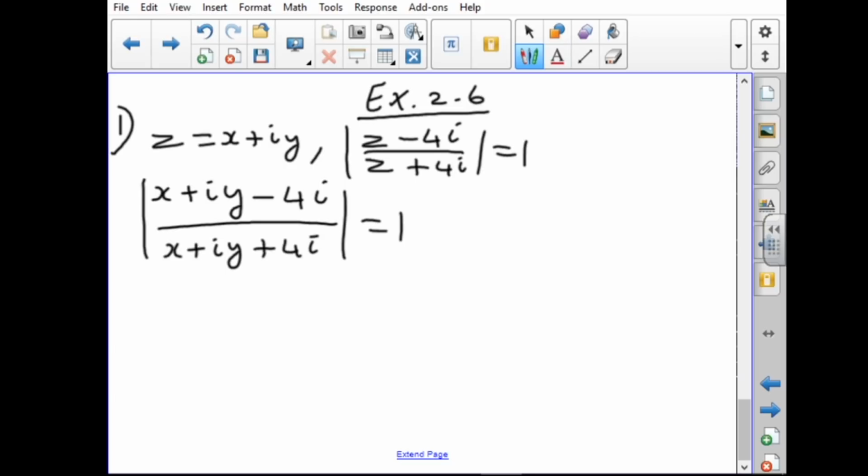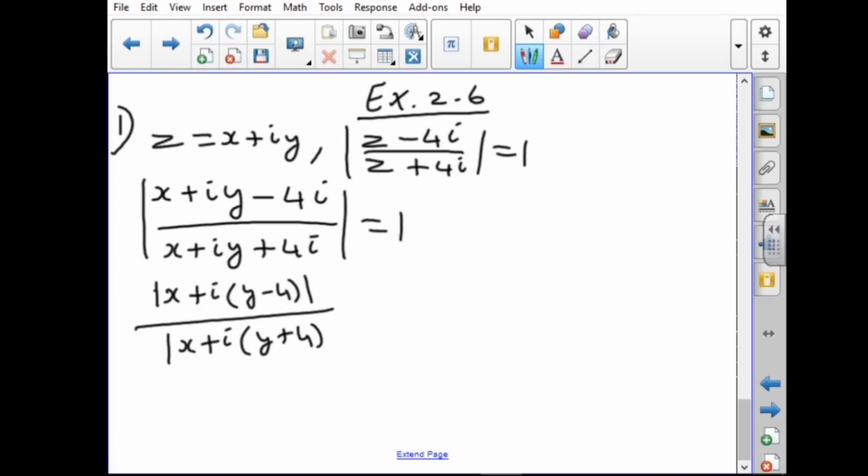Now we will write it in the standard form, that is the rectangular form. So we get modulus of x plus i into (y minus 4) by modulus of x plus i into (y plus 4) is equal to 1.